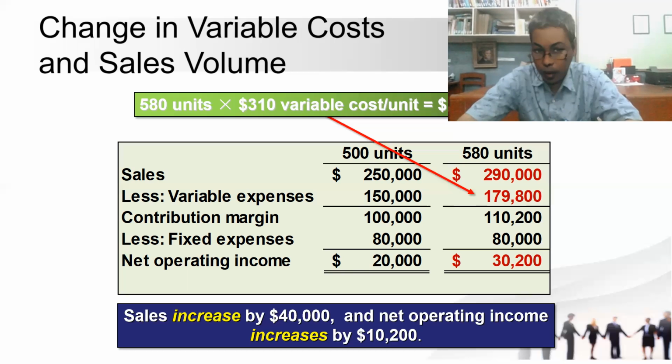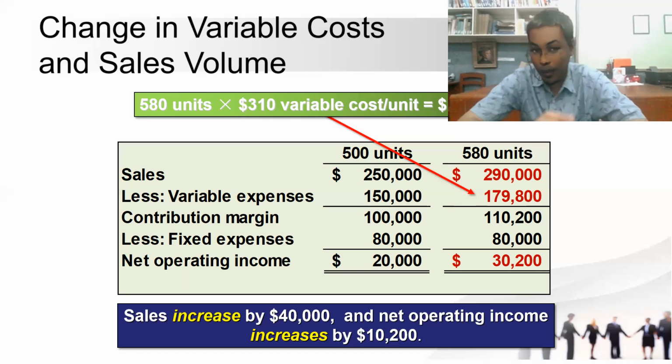Our variable expense per unit times the total units is 179,800. If you subtract it from the total sales of 290,000, the answer is 110,200. Our fixed expense is 80,000, so if you subtract it from the contribution margin, the answer is 30,200.